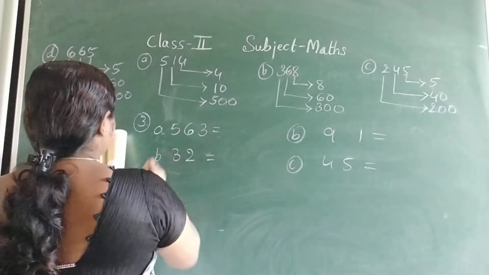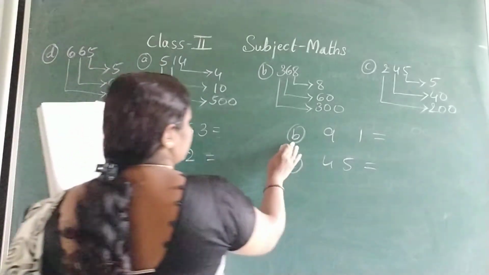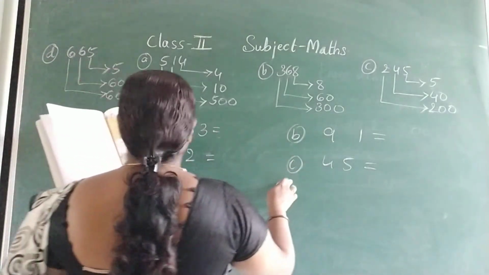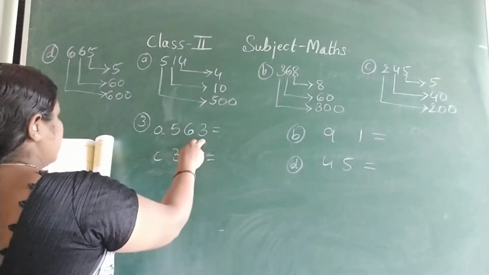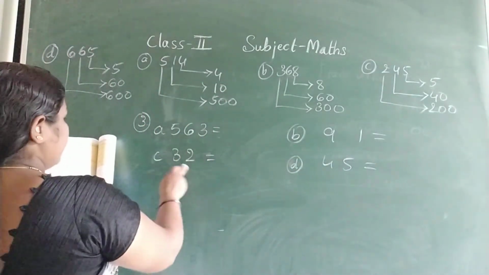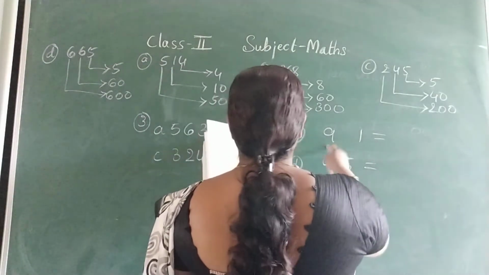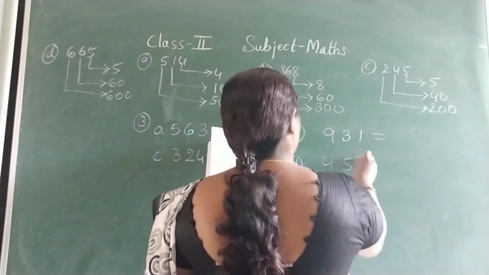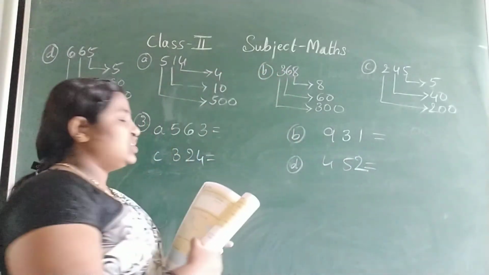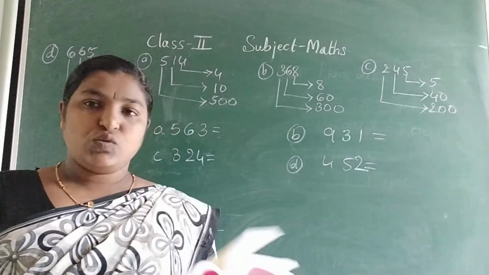This is B, this is C, this is D. So blue color is 6 in the first, 4 in the next, and 2 in the last. Which is in blue color, that number we should write the place value.